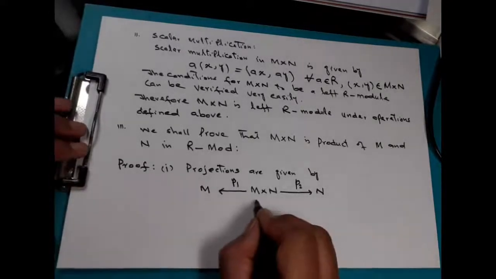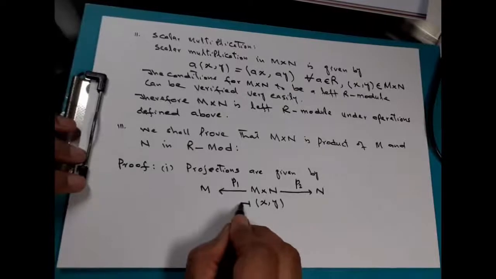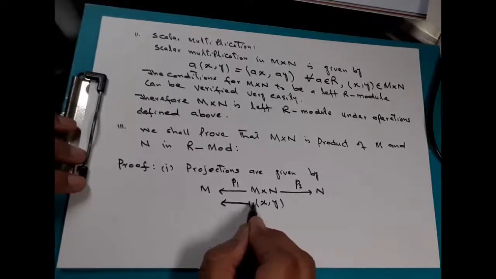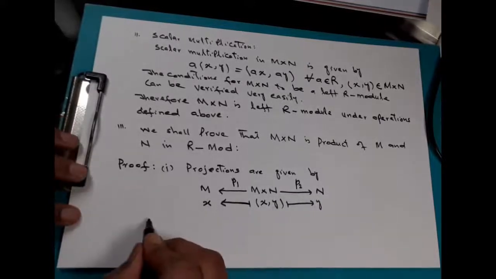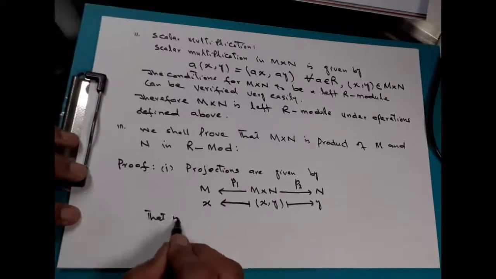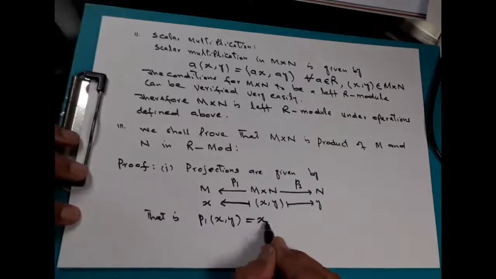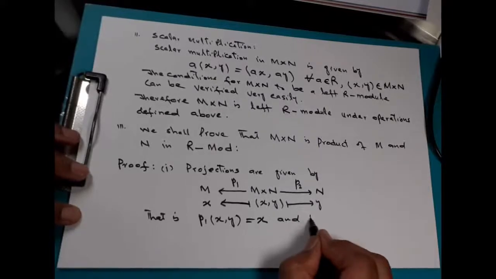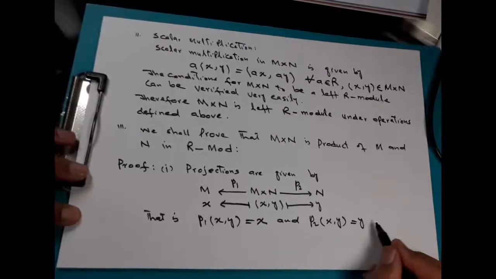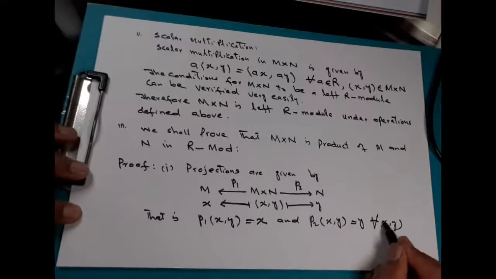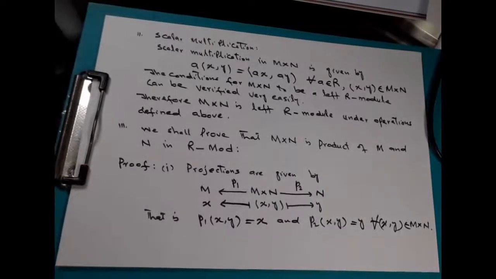These are given by, if (x, y) is an element of M cross N, then under projection P1 this will go to x, and under projection P2 this will go to y. That is, the effect of the first projection on (x, y) is equal to x, and the effect of the second projection on (x, y) is equal to y, for all (x, y) belonging to M cross N. So these are the projections.